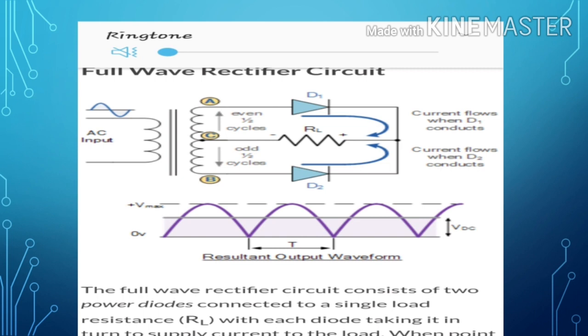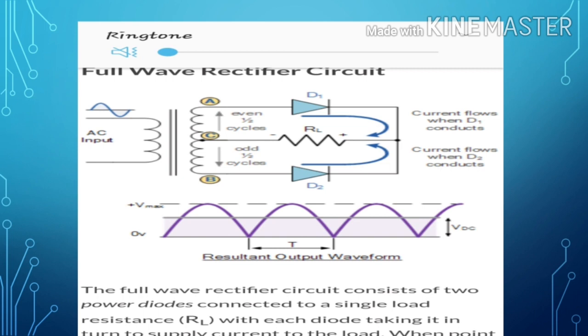For the first half cycle, diode D1 is conducting and forward biased, so we will get an output across RL. But at the same time, diode D2 is non-conducting because it is reverse biased.